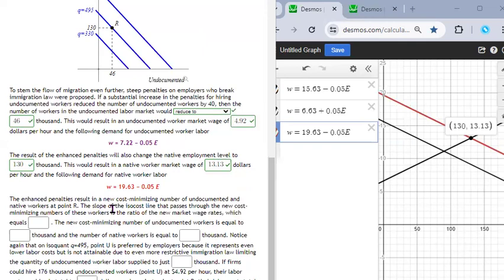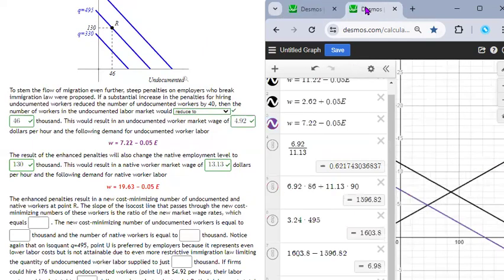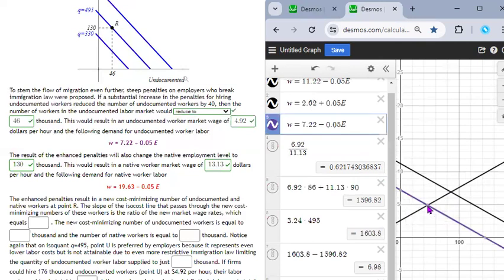So the slope of the iso-cost line that's going to pass through that point is equal to the ratio of these new market wages, right? So because undocumented workers are on the x-axis, their wage rate goes in the numerator of this ratio. And their wage rate was what? Their new wage rate is 4.92, right?